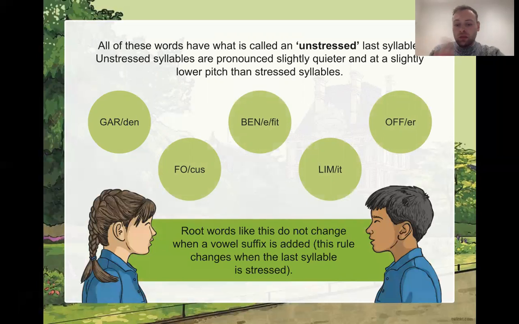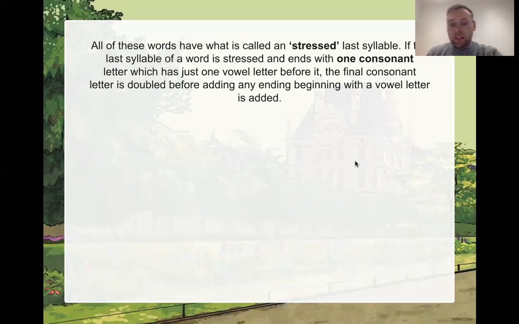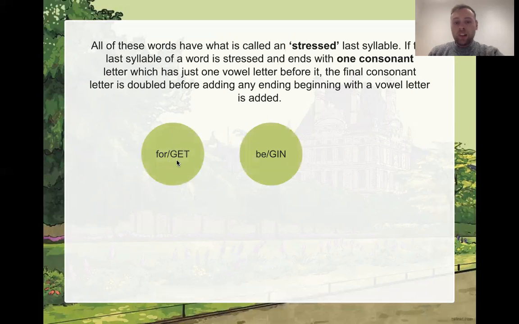Root words like this do not change when we add any of the suffixes to them. So when I add er to the end, it becomes gardener. Yeah? Limited. However, some are stressed, which means forget, begin. You hear that gin sound, begin.